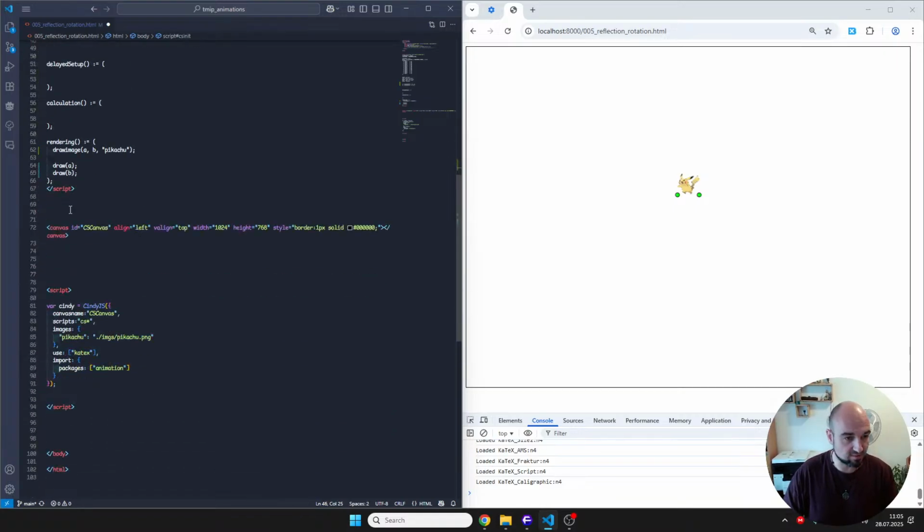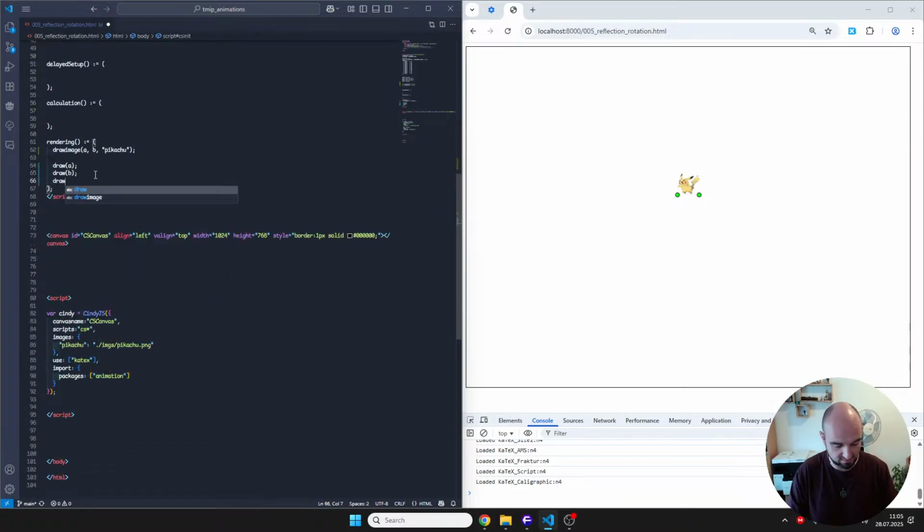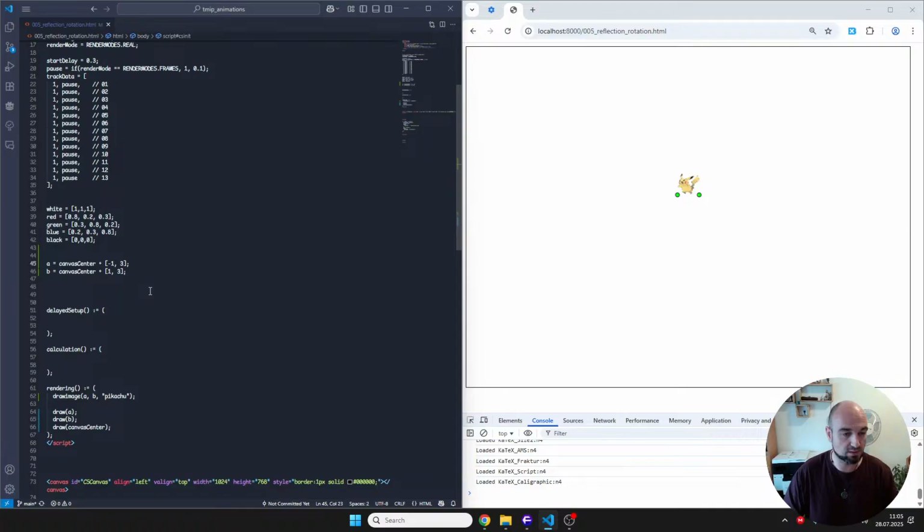So first of all, as a reference, let's draw the canvas center too. And let's make those much further apart. So let's say 4 and 4. And well, maybe 5 and 5.